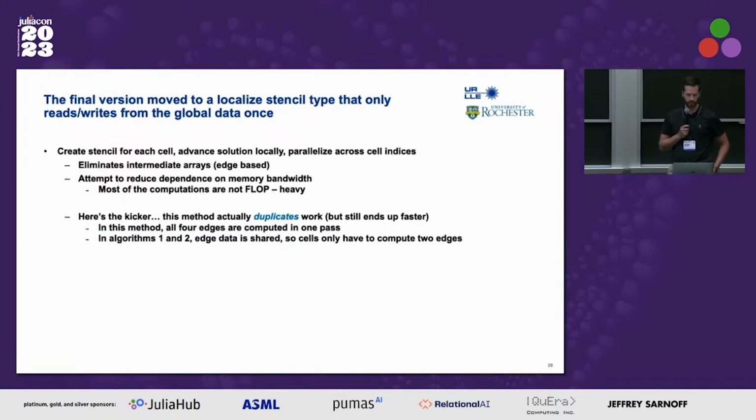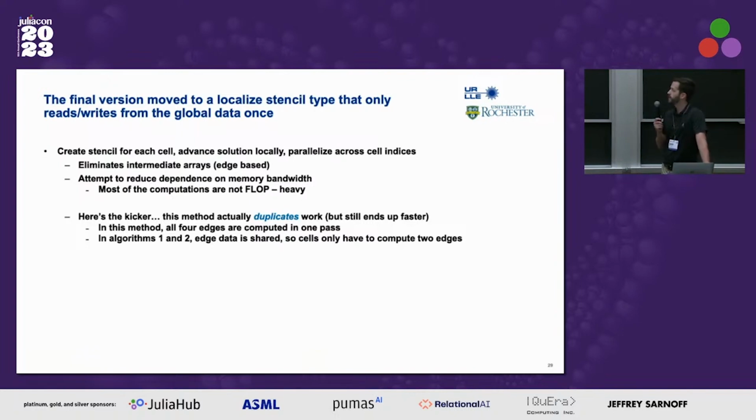The final version moved to a local stencil type. The emphasis here is that we only want to read from the global data once. So we create a stencil for each cell, advance the solution, and then parallelize across cell indices. This eliminates intermediate arrays, and this is an attempt to reduce the dependency on memory bandwidth.